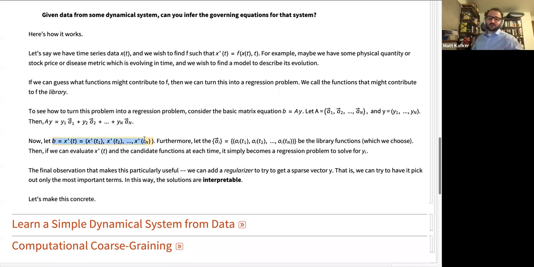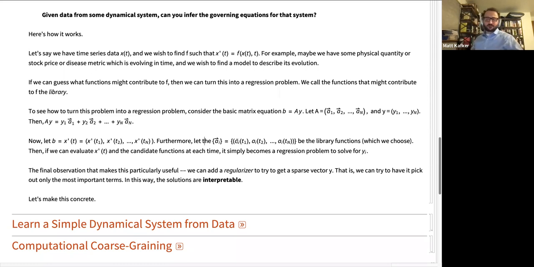So B is going to be our x prime of t, and now this is going to be a vector because it's going to be x prime evaluated at all of our time points that we're considering here. So again, this is time series data. We have x of t at t1 to tn, and we're going to compute x prime of t at t1 to tn. And then we also have the columns of the matrix A, our library matrix, which are going to be library function i evaluated at all of the time points as well.